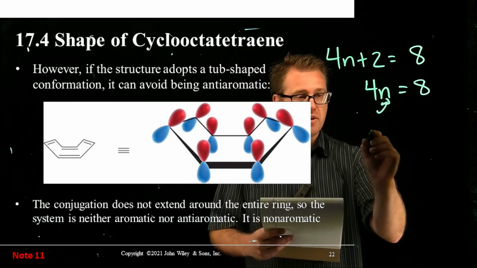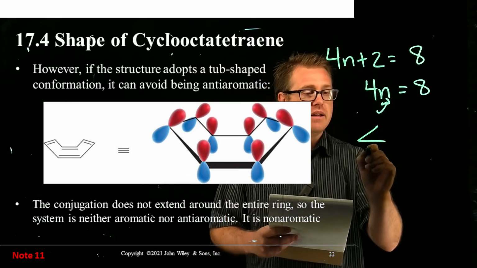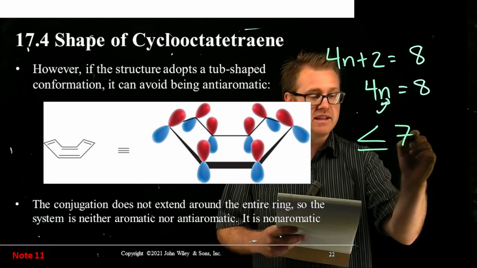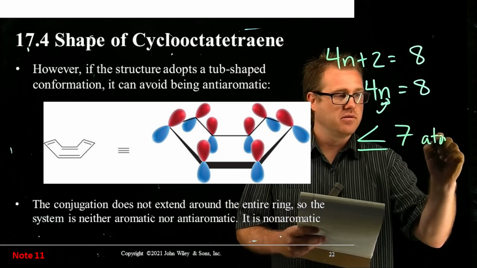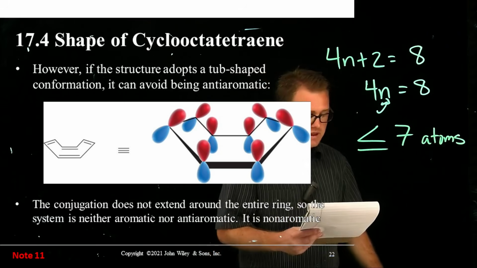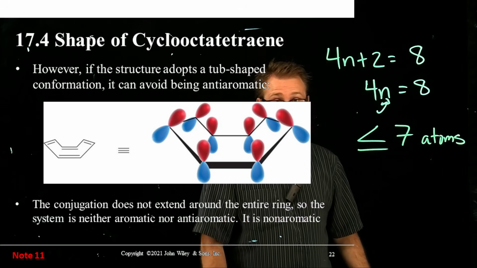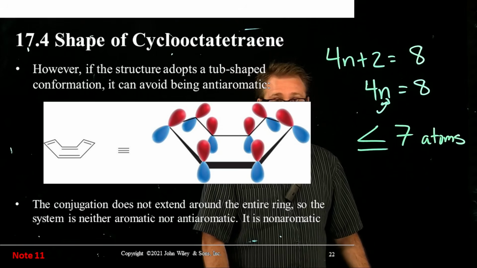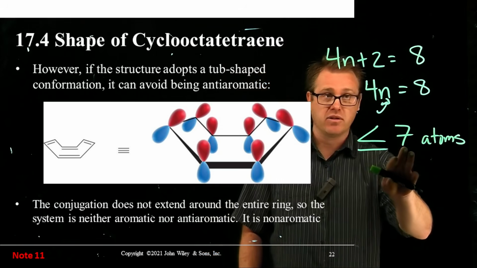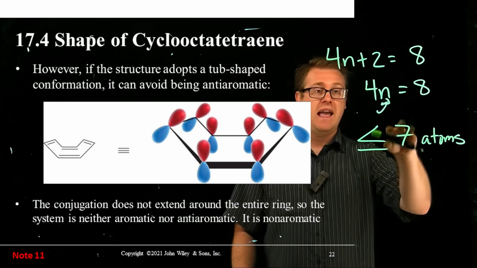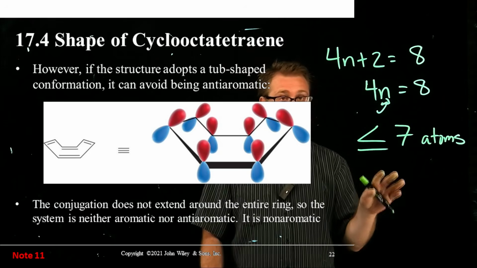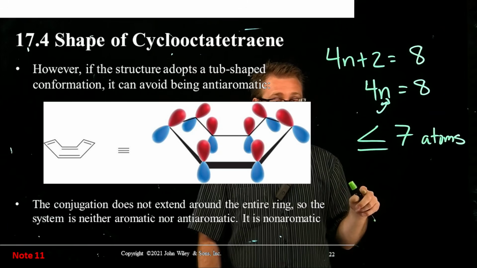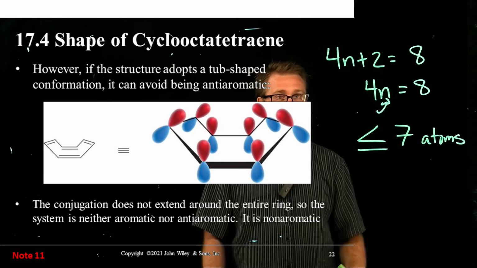If you come across a molecule that's less than or equal to 7 atoms, it's always going to be planar. So on the test or any quizzes, if it's 7 or fewer atoms, and every atom is sp2 hybridized, it's going to be planar and flat.